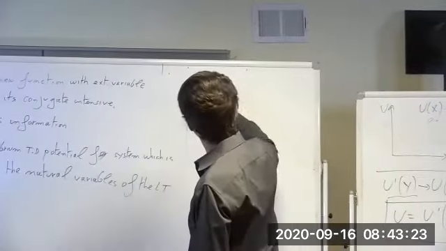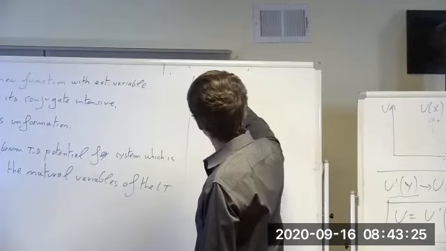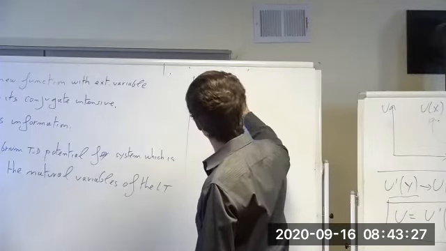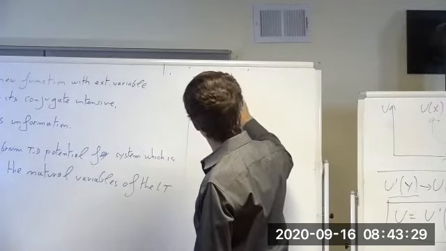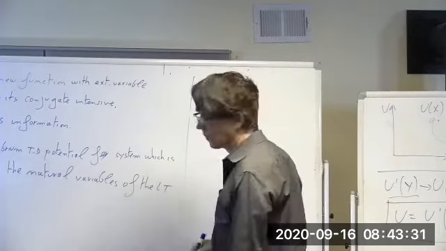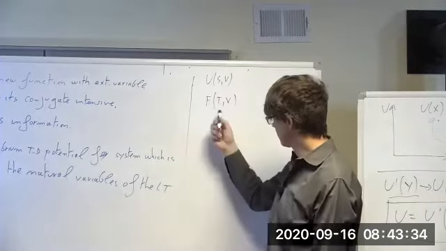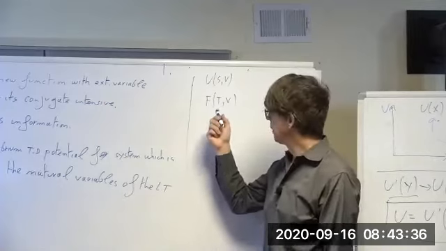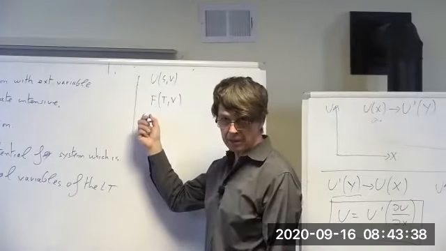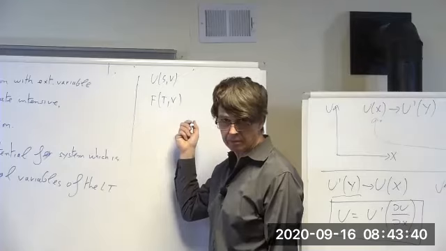for example, if we go from U as a function of S and V, at some point we went to F of T and V, a function of temperature and volume, and this is what you minimize under constant temperature and volume. That's what it means.